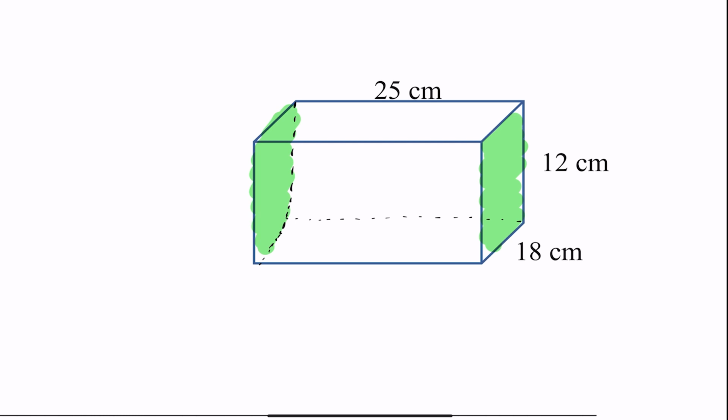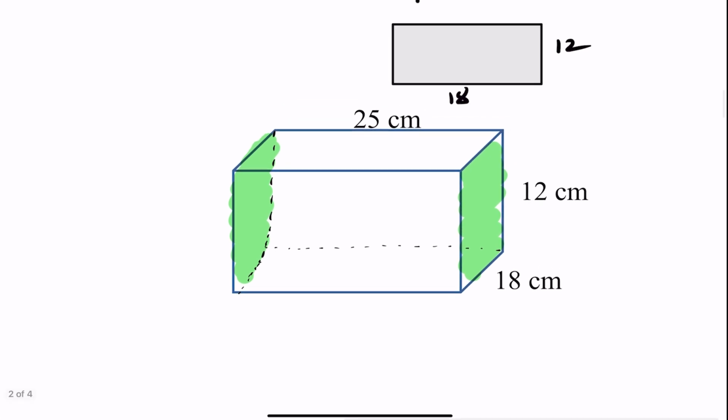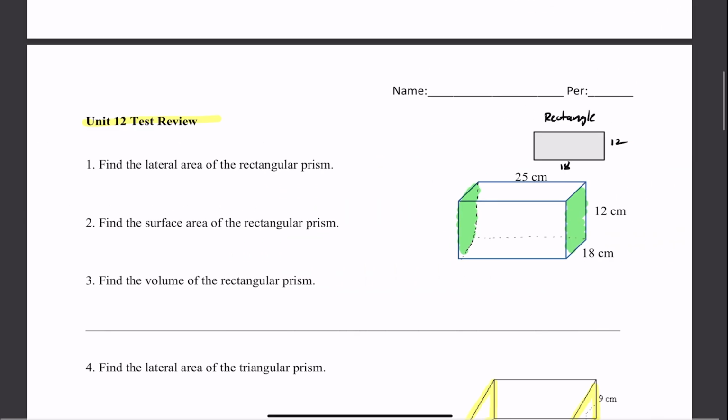So the base of this rectangular prism is a rectangle with dimensions 18, 12. So 18 here, 12 there. All right? And I'm going to write rectangle. All right, so number 1 says find the lateral area of the rectangular prism.